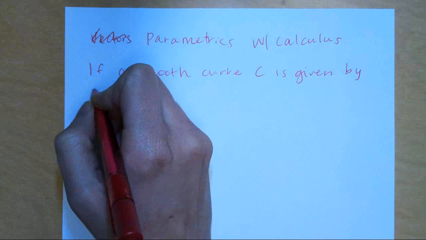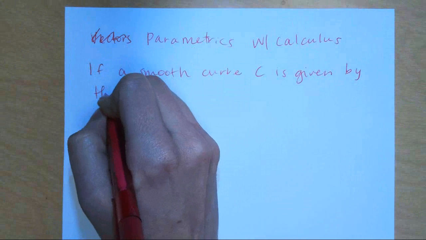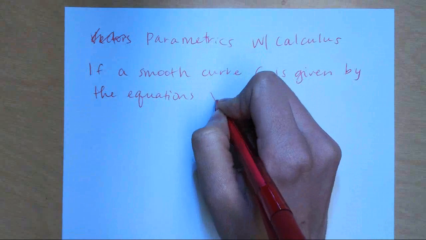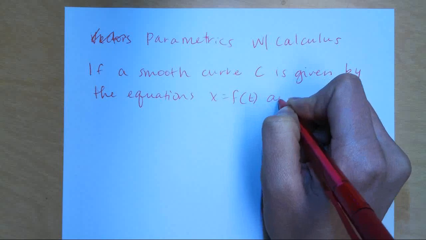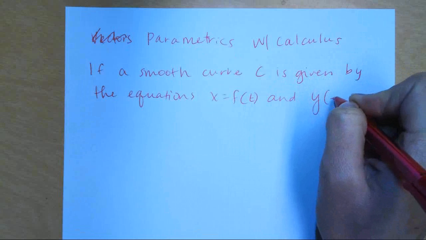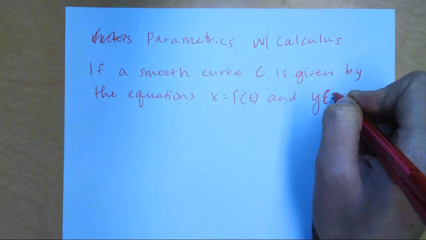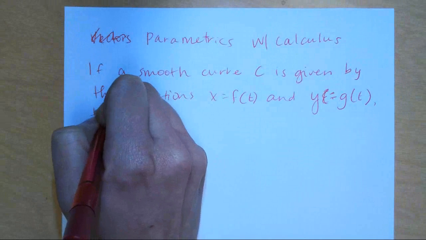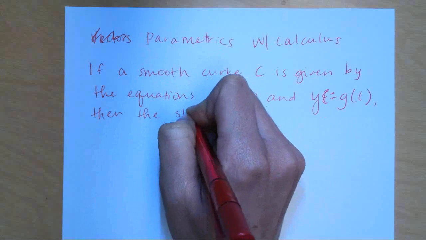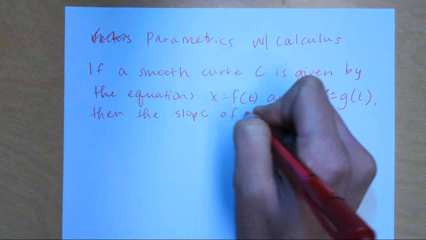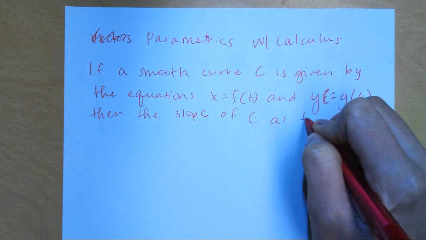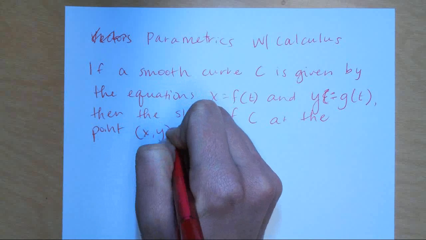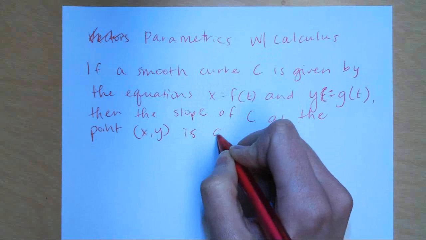Okay, if a smooth curve is given by the equations x equals f of t and y equals g of t. Then the slope of c at some point is dy dx.